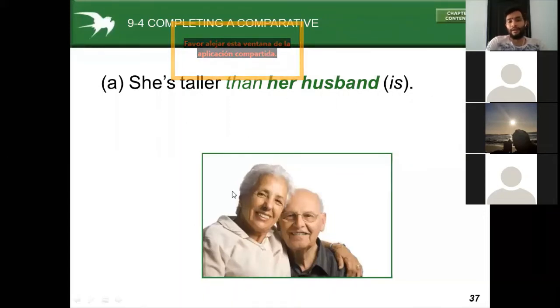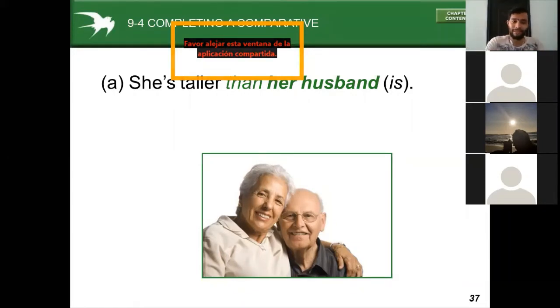Take a look. Here we have a woman and an old man too. She is taller than her husband is. She is taller than her husband. Normalmente ustedes dicen sin el is, ¿cierto? So she's taller than her husband. That's it. Straight, direct, to the point. Ella es más alta que su marido.